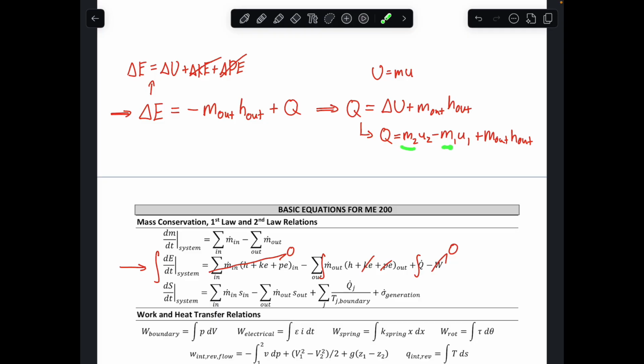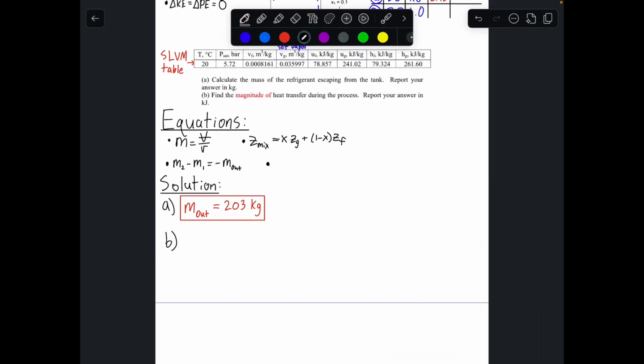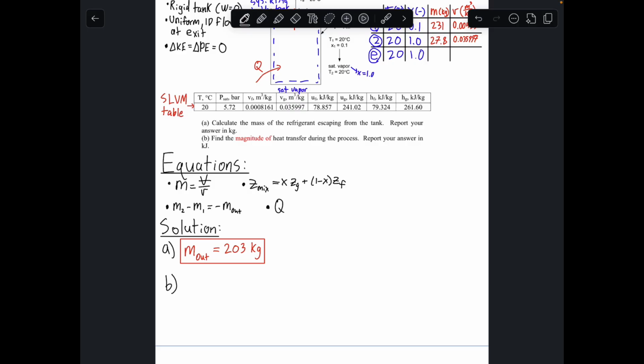We have all of these things. The masses for M2, M1, and M out we just solved for in the last part of our problem. And then these properties we can find either with the quality or just knowing that state 2 and the outlet state are both at the saturated vapor state. So we can find all these properties here. This is all we need for this part of the problem, so I will go up and write that in the equation section. Generally, it's good to write out the whole first law, or the whole basic equation that you need, and then simplify it in this section.